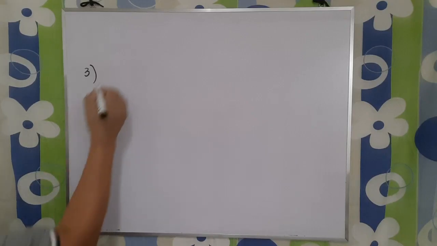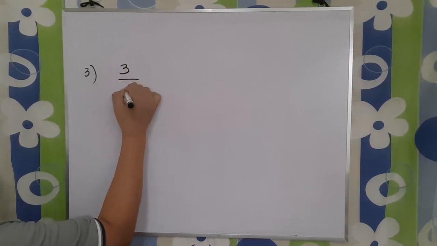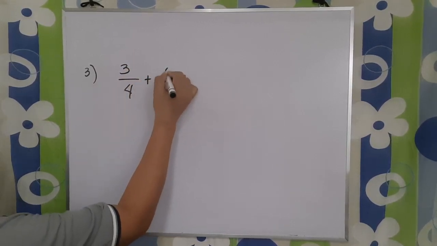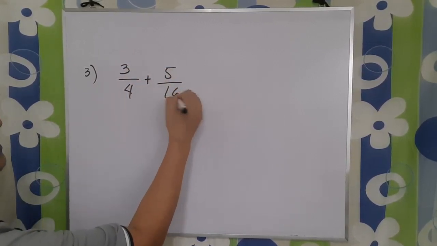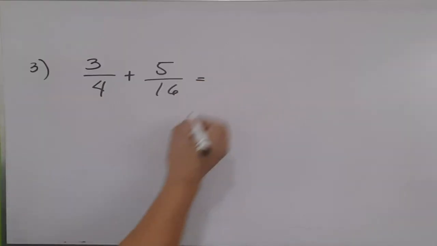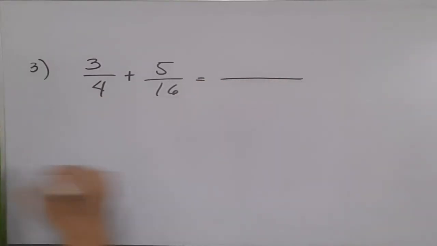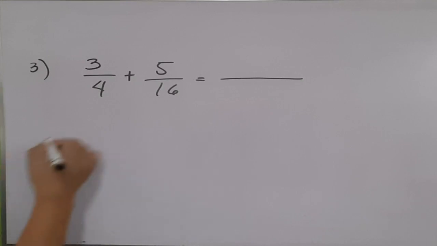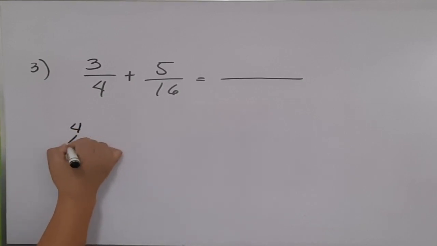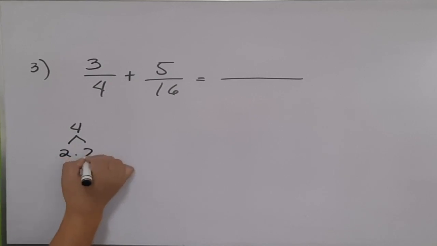Next example, kunin natin ang 3/4 plus 5/16. So, kunin muna natin ang ating LCD by using factorization. So, again, factors of 4, 2 times 2.